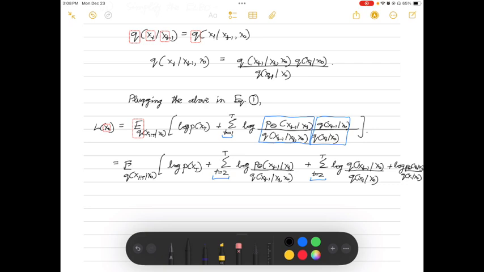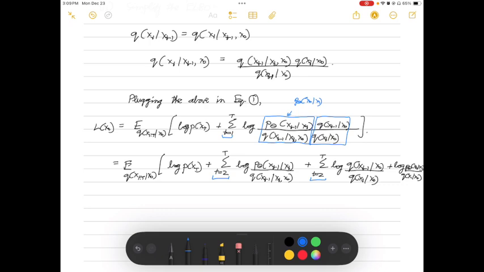Because if we look at this term, the very first term here, this holds for x naught given x1. So if we plug in t as 1 here, we will get p theta of x naught given x1. So we know that this term is computable for t equals 1.